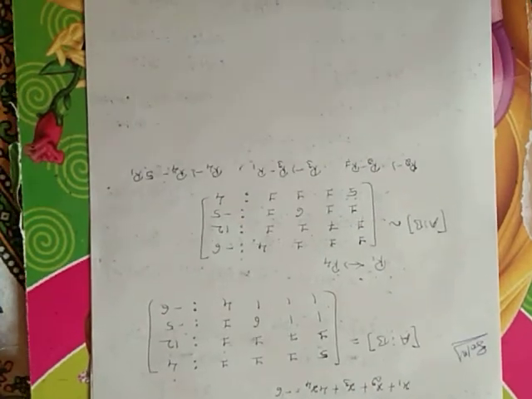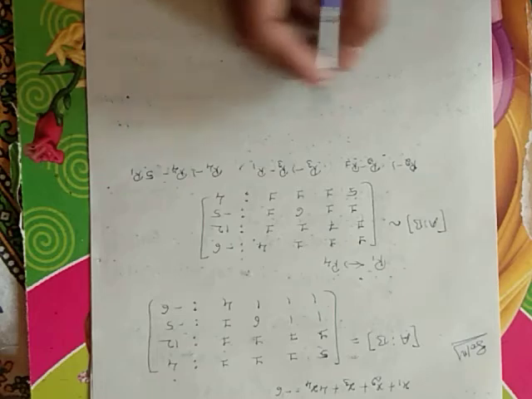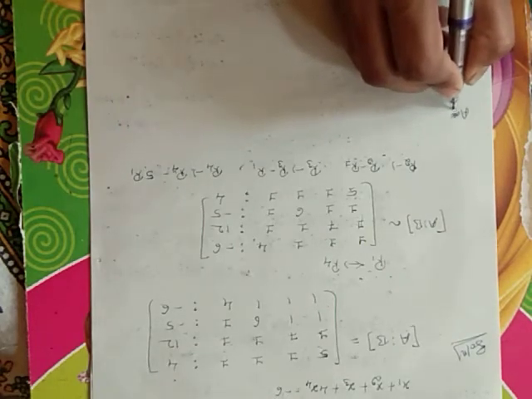So now R4 tends to R4 minus 5 R1, R2 tends to R2 minus R1, R3 tends to R3 minus R1. So apply these transformations now.